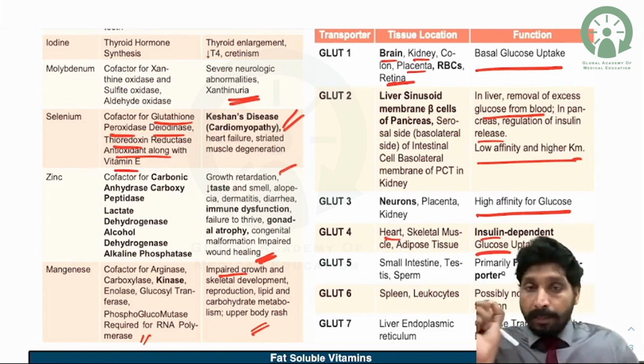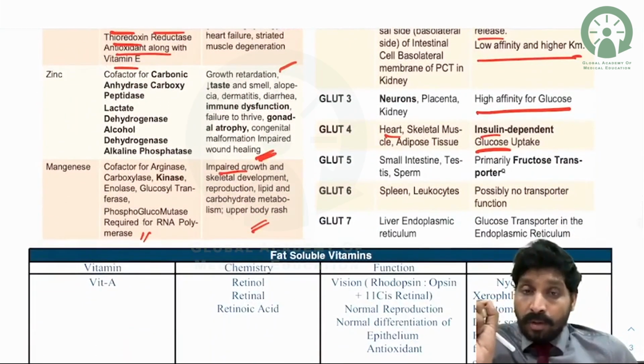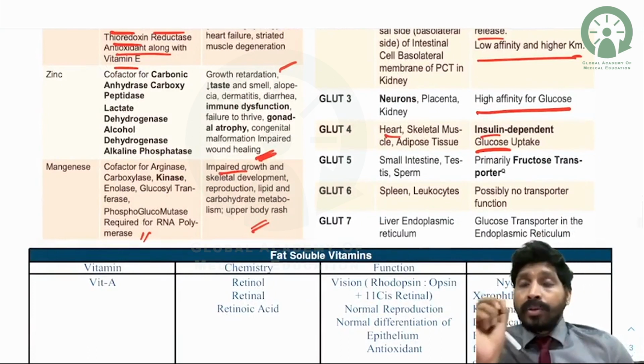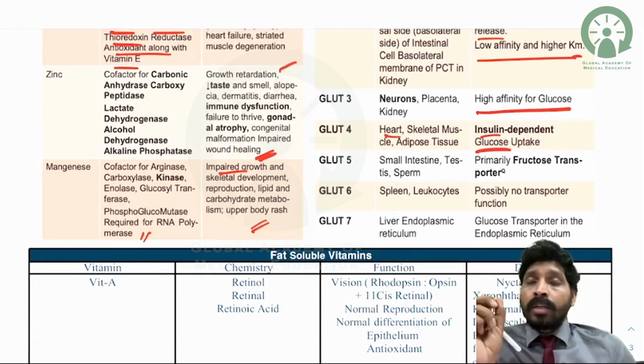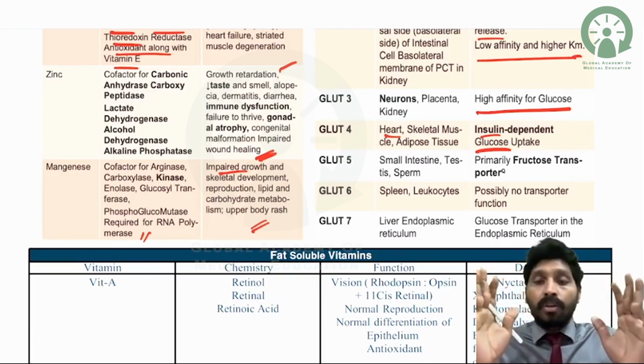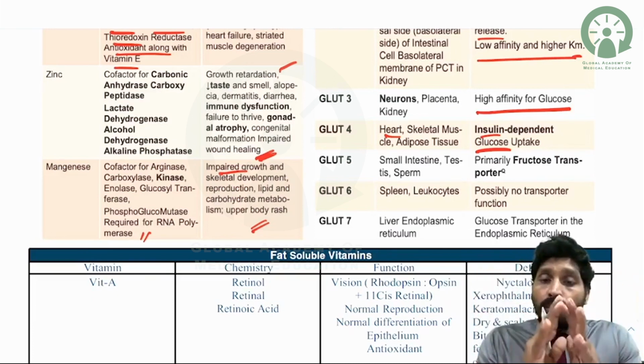One key point to remember is which glucose transporter is under the influence of insulin. The insulin dependent glucose transporter is type 4. GLUT4 is the transporter under control of insulin. If insulin is not there, GLUT4 will not work.